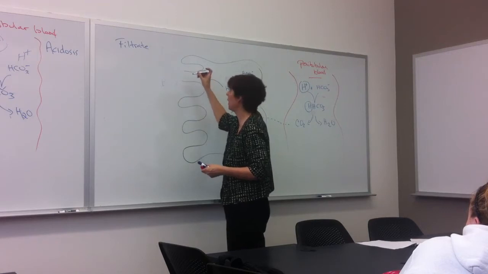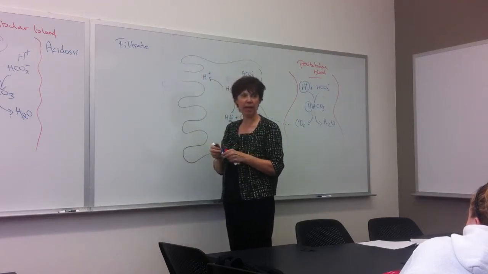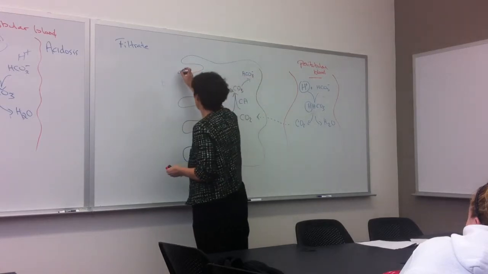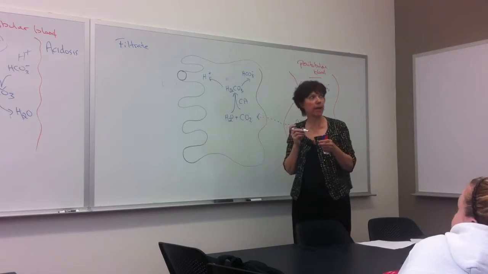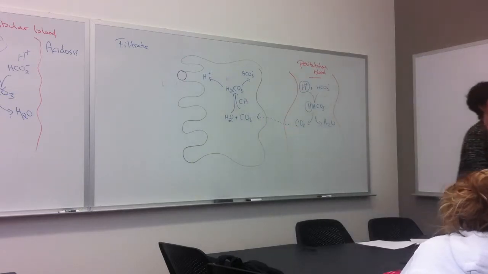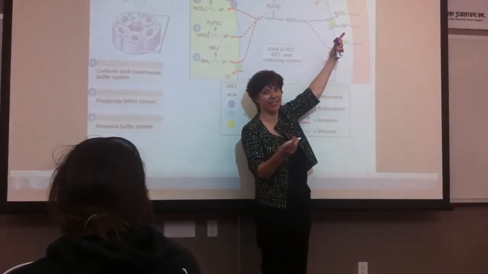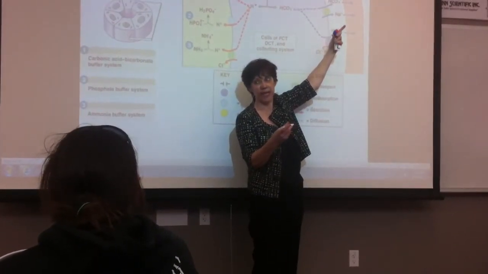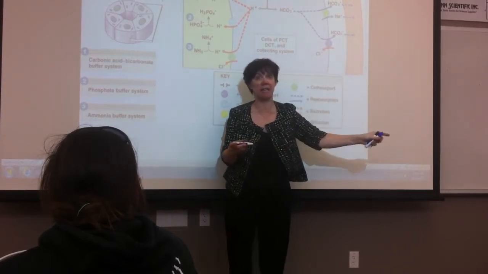Hydrogen ions are going against their gradient, because we typically have already an acidic pH. But because of the energy source from our sodium-potassium pump that you see up here, that's our sodium-potassium pump that's using ATP and using up the energy to provide that strong gradient of sodium moving into the cell.